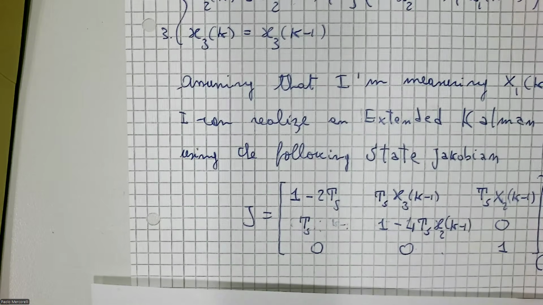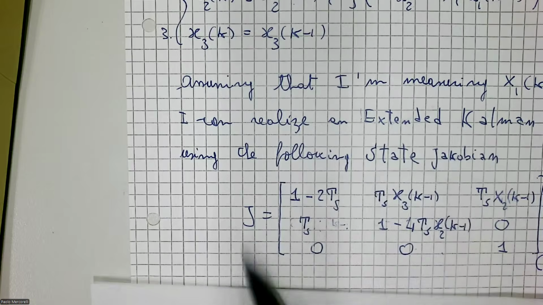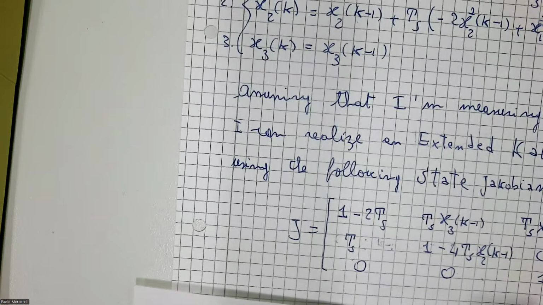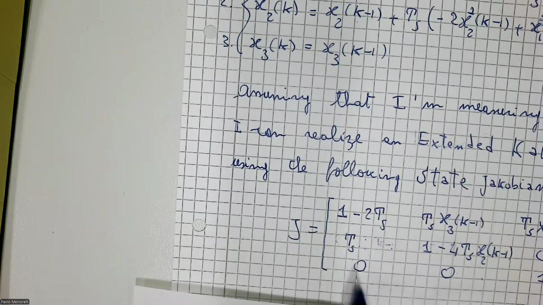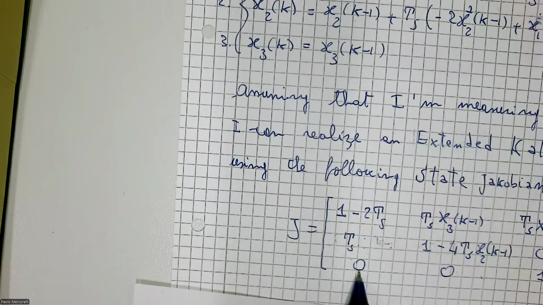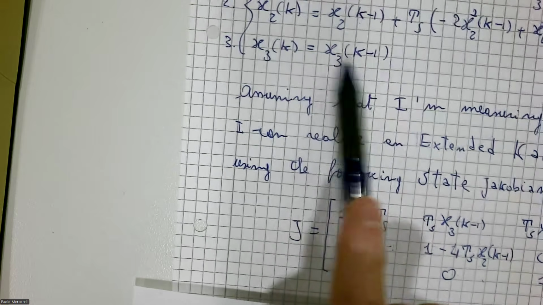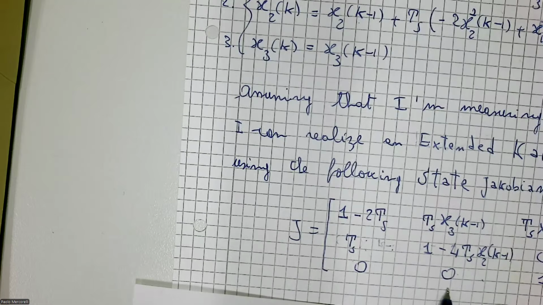Jacob, yeah. Why this expression here? Just justify. This is easy, no? The last one. It's easy because the derivative of x3 of k with respect to x1 of k minus 1 is 0 because we don't have here the dependence with respect to x1 of k minus 1.